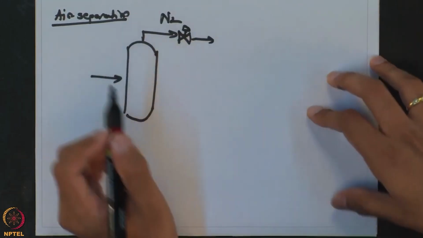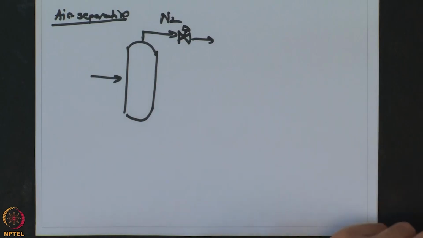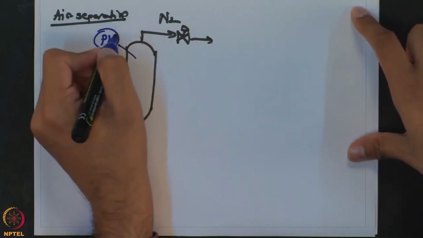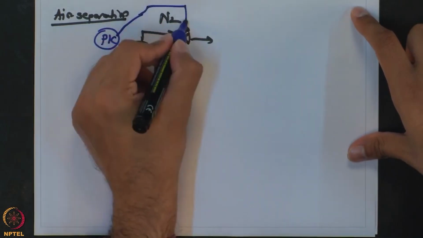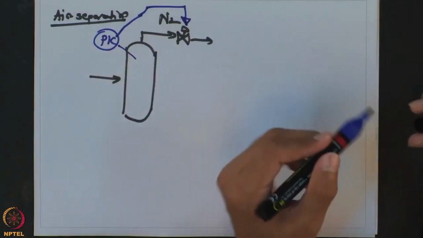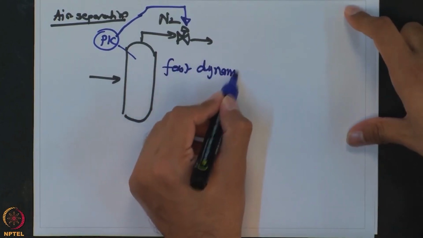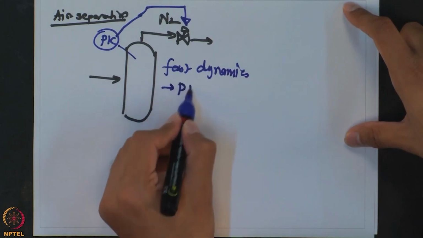The way you can control the pressure inside this column is by simply measuring the pressure and accordingly changing this valve opening. This is a very fast dynamics, so you can use a PI control.